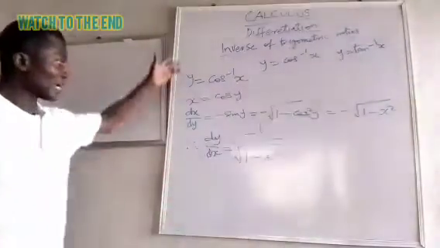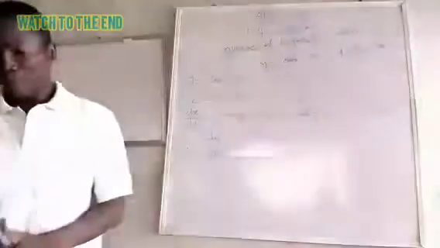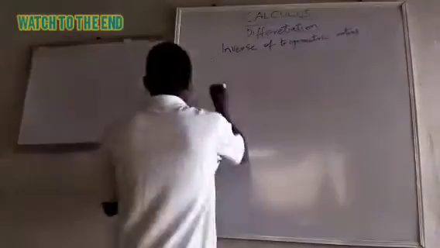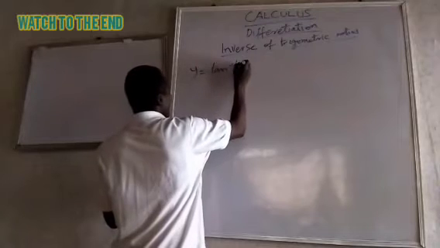That of sine is positive. That of cosine is negative. You can see how beautiful it is. Now let's look at that of tan. y equals arc tan x.